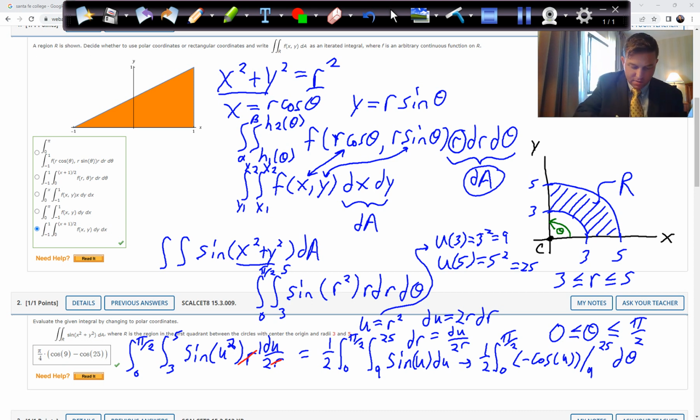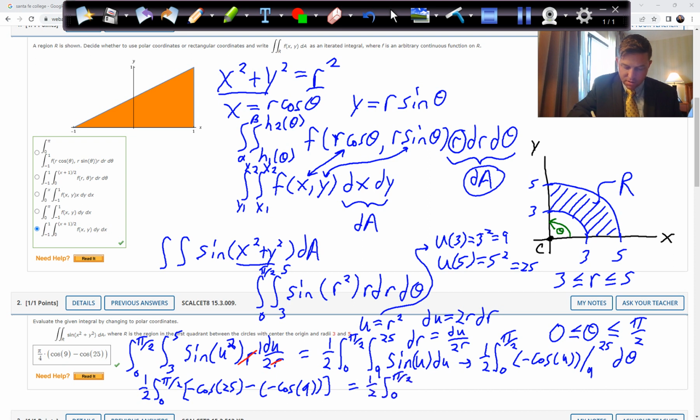So we're going to get 1/2 antiderivative 0 to pi over 2 of negative cosine of 25 minus negative cosine of 9, and that's going to give us 1/2 antiderivative 0 to pi over 2 of negative cosine 25 plus cosine of 9 d theta.